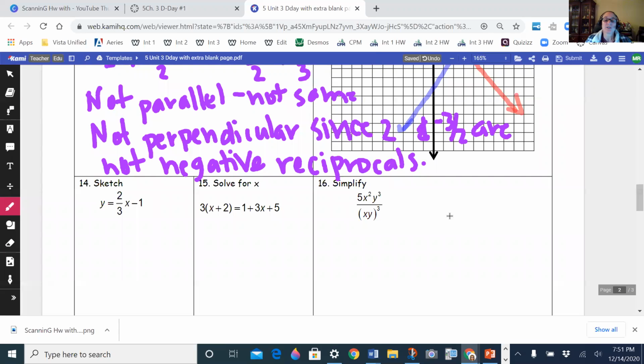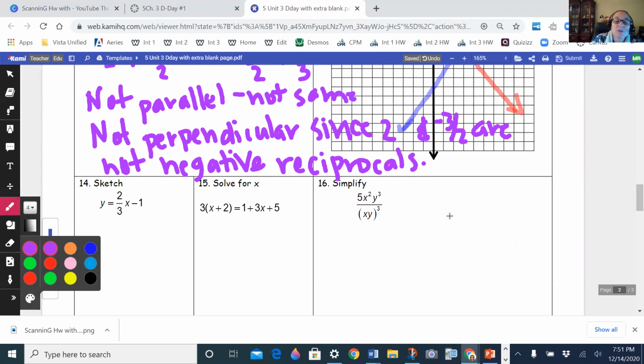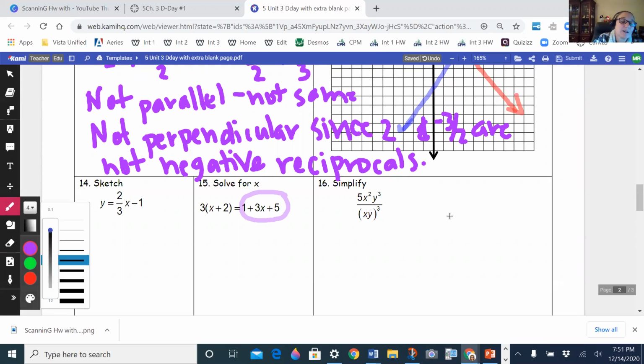On the next one, I'm going to do a couple of things. I am going to clean this side up. So I am going to end up getting on that side a 6 plus 3x.